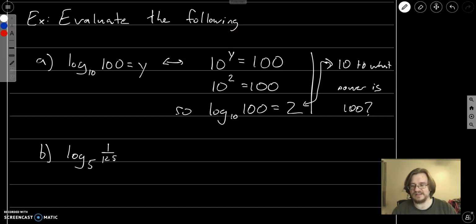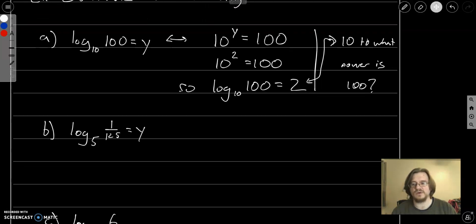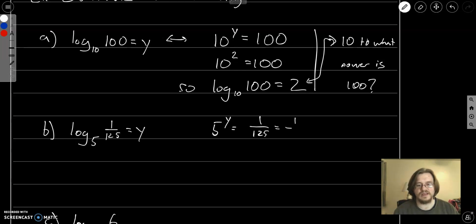Okay, so let's look at this guy, and let's rewrite this in exponential form again. So log base 5 of 1 over 125. What we're asking is 5 to what power is 1 over 125? And here we can look at this and we go, oh, this is 1 over 5 to the third power. 5 to the third power is 125.